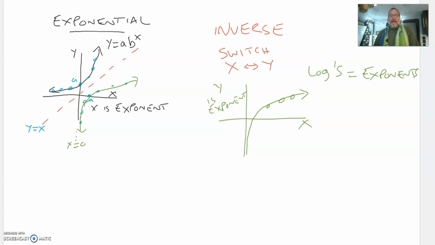Logs can explode out at different rates based on the base. Not bases again, little 12 toes. Hang in there. If your b value in the exponential is big, then it grows fast. If b's 10, it multiplies by 10.